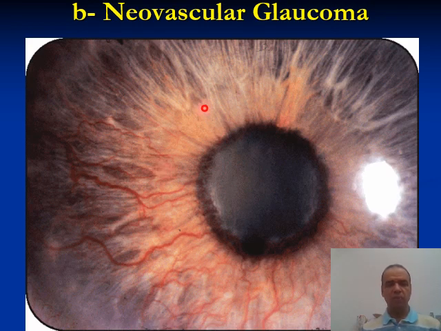The most important two causes are central retinal vein occlusion and proliferative diabetic retinopathy. But we have other miscellaneous causes, for example, carotid obstructive disease, central retinal artery occlusion, intraocular tumors, long-standing retinal detachment without treatment, chronic intraocular inflammation.